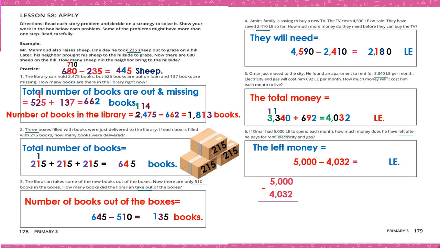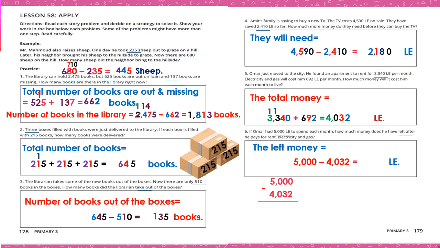Let's solve ones with ones. 0 minus 2. Can you take 2 from 0? No, I can't. What shall we do? I will go to the next door. The next door here is also 0. Can you give me 1, 0?